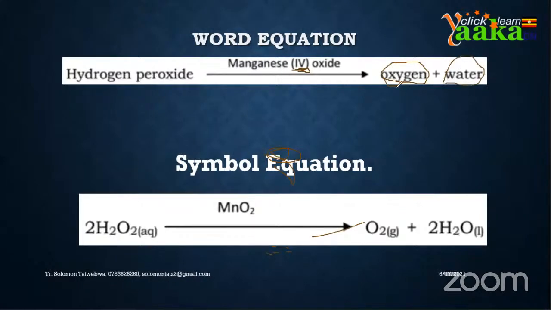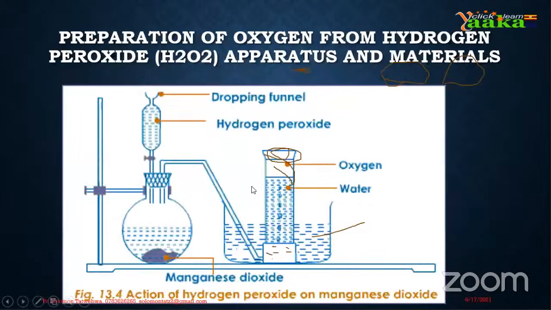This water here is not the same water that you saw on the other side. Let me go back a little bit and show you what I mean. The water formed is not the same water here. That water remains in the round bottom flask. The water formed in the equation remains here in the round bottom flask.